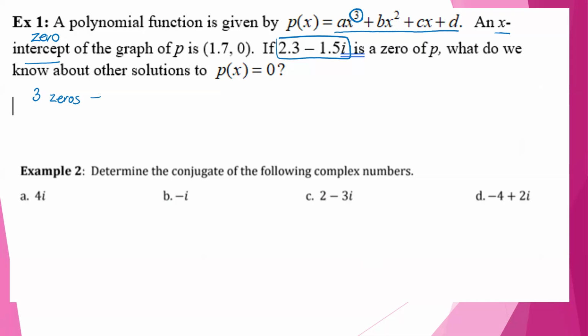I know there's one real. What's my one real? 1.7, right? And what do we have? 2 non-real or 2 imaginary. And what are my 2 imaginary? 2.3 minus 1.5i and 2.3, the conjugate, plus 1.5i. They have to come in pairs.